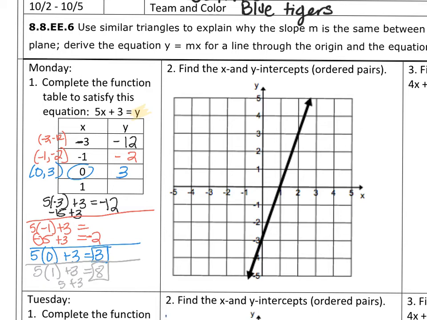And that's my last value. And my point would be 1, 8. That's it. So when I'm grading this, I'm going to be looking to see that you have your points written as in -3, -12 in parentheses. I'm also going to be looking to see if you wrote the right output values for y. So -12, -2, 3, and 8. Moving on to number 2.